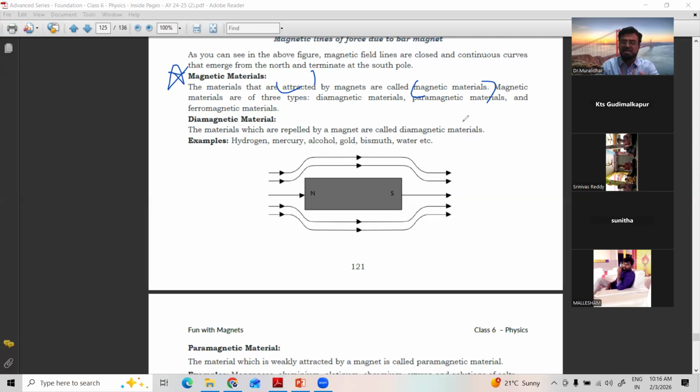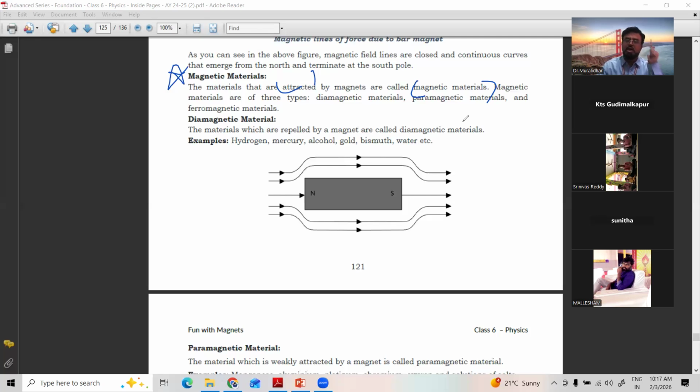Understood or not? That is the thing the scientists have done. The materials which are attracted by a magnet are called magnetic materials. Some of them may be strongly attracted, some of them may be feebly or slightly attracted.